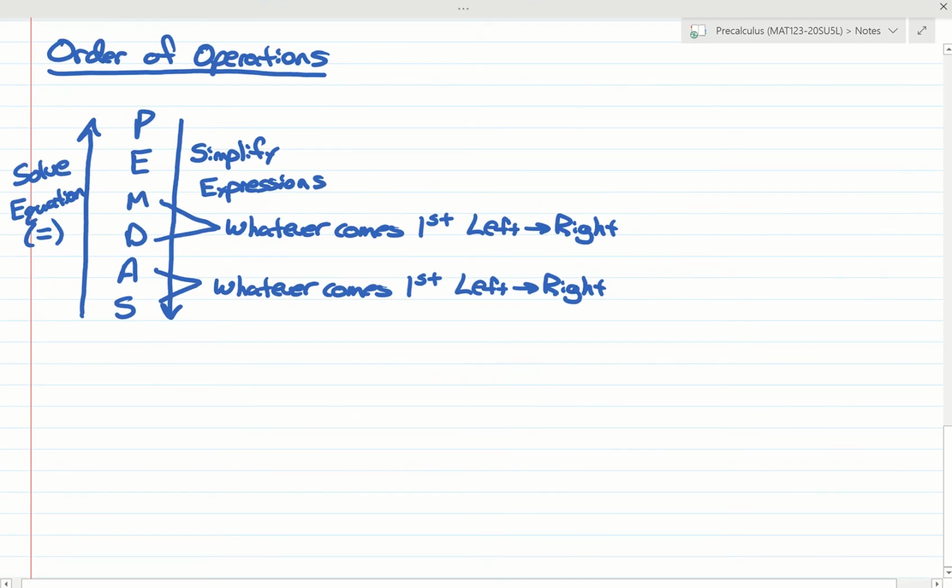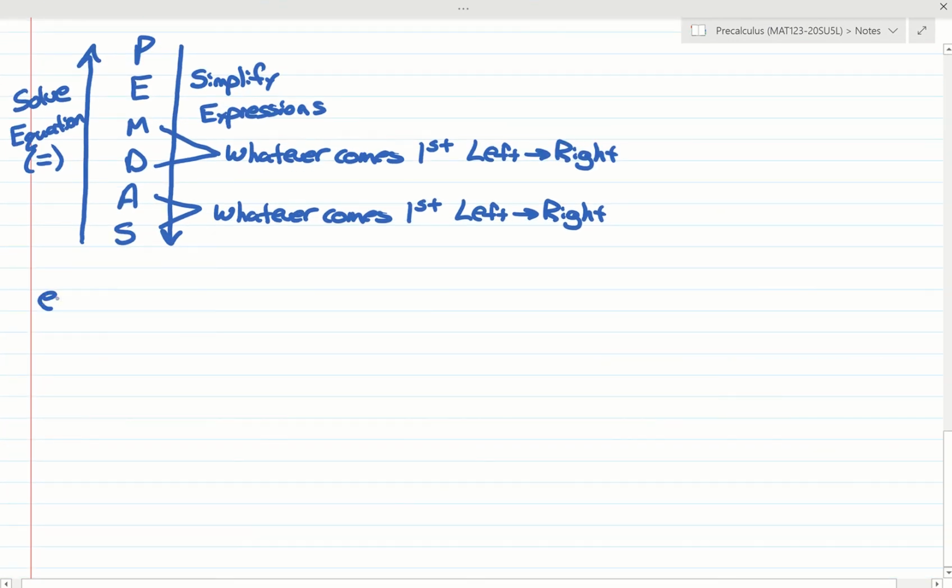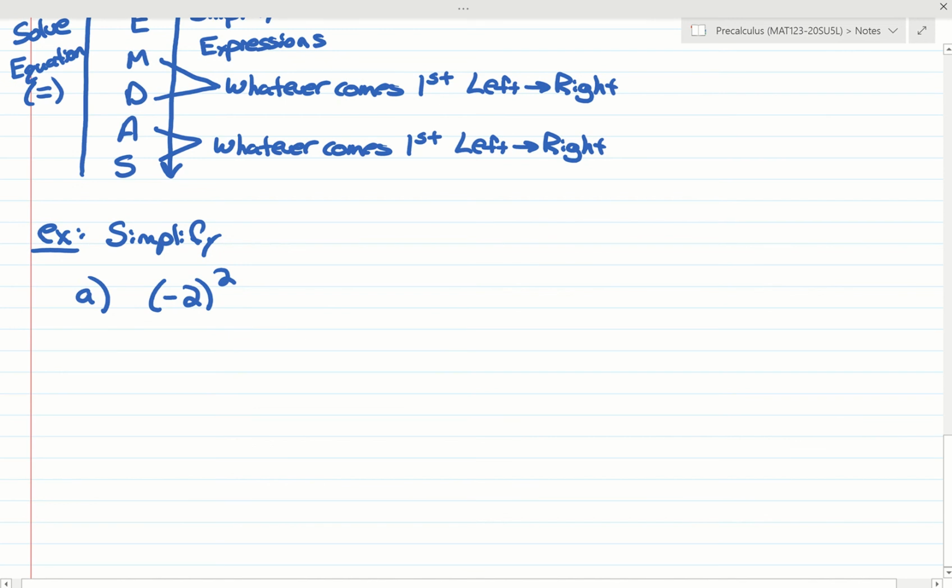All right, so let's take a look at some examples, and I'm sure you'll be fine with this. The directions are going to be to simplify. Let's say negative 2 to the second. Well, that's pretty easy. When you're squaring negative 2, this just means negative 2 times itself.